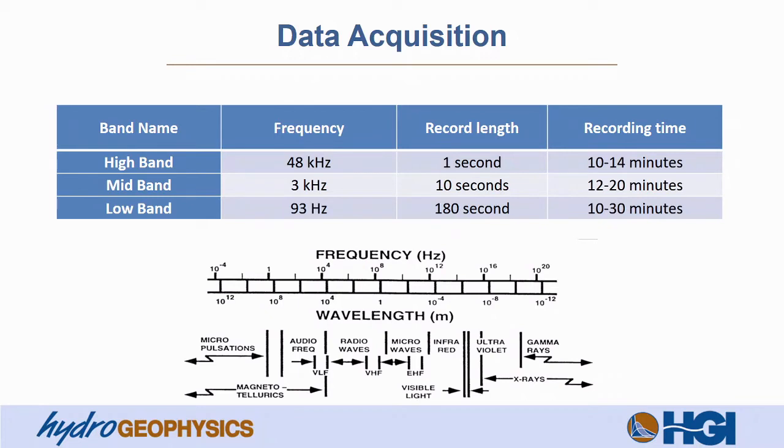A typical system has multiple data acquisition bands to maximize the range of data frequencies that are collected. There is a trade-off in imaging depth versus resolution when collecting AMT data. The lower frequencies, and thus longer wavelengths, help the user to image deeper into the earth.